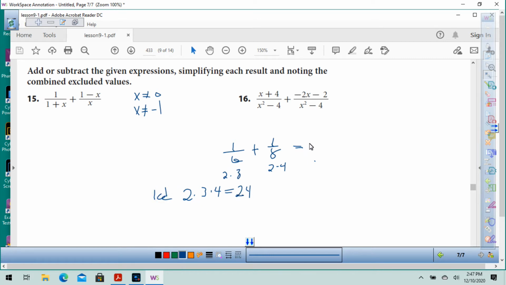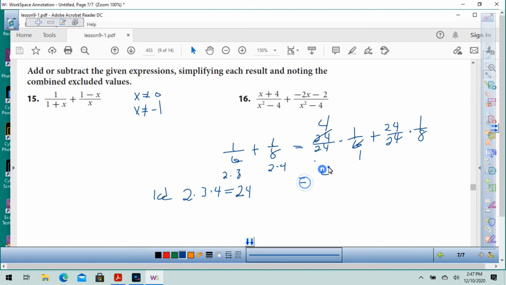So what I'm going to need to do is I'm going to need to multiply, well, let's see here. We got 24 over 24 times 1 over 6 plus 24 over 24 times 1 over 8. All right, so this is 1, and that is 4.